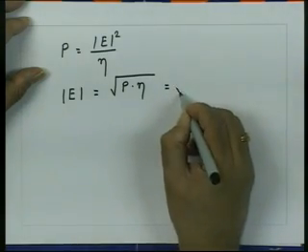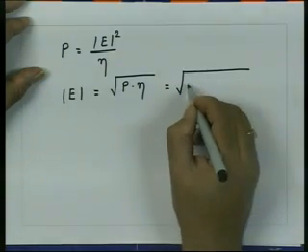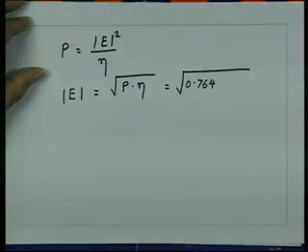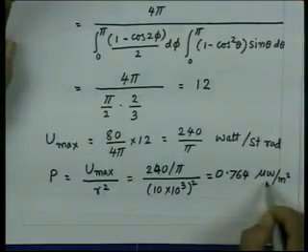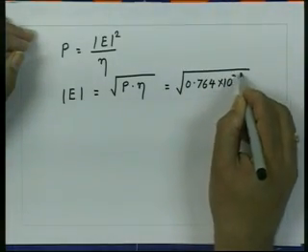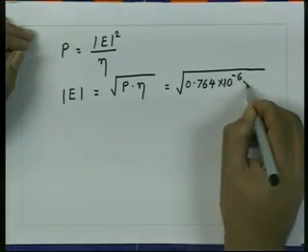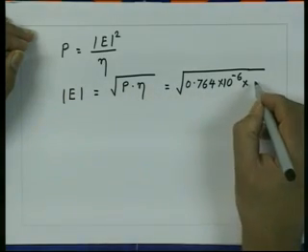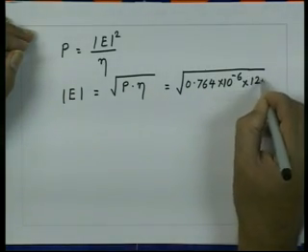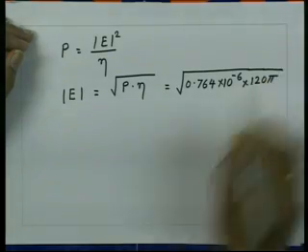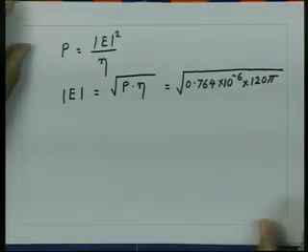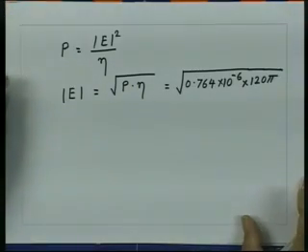So, equal to square root of 0.764 microwatts per meter square, so this is 10 to the power minus 6 for microwatts, into eta, which is 120 pi. So, simplifying this, essentially we can get the expression for the value for the electric field at that distance.